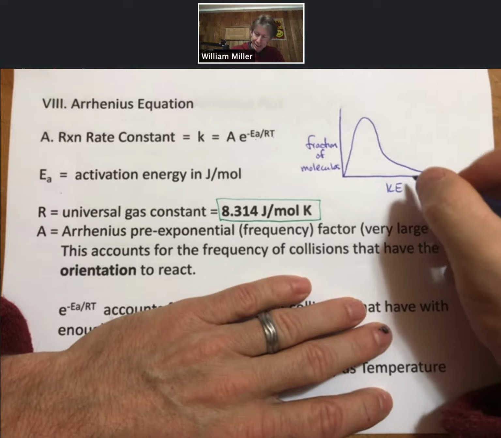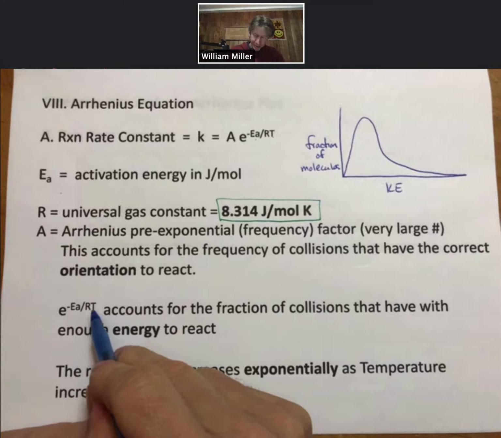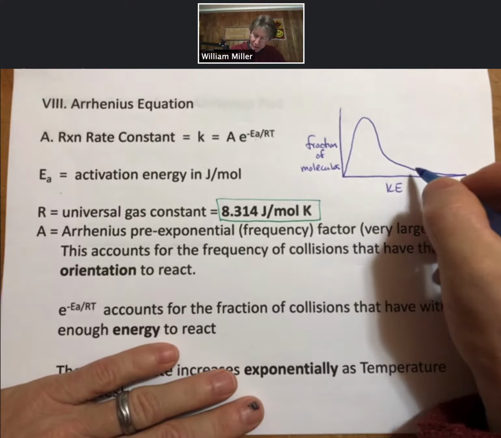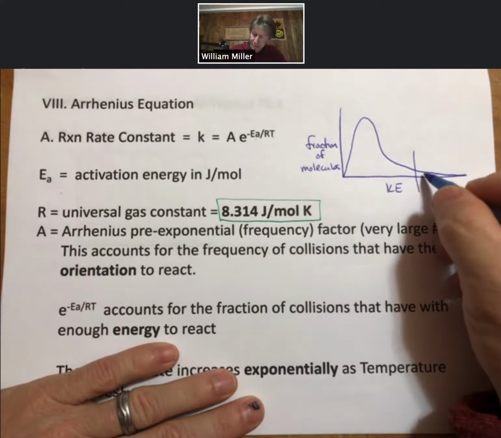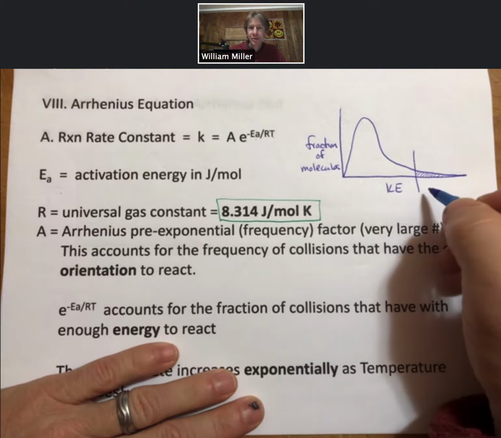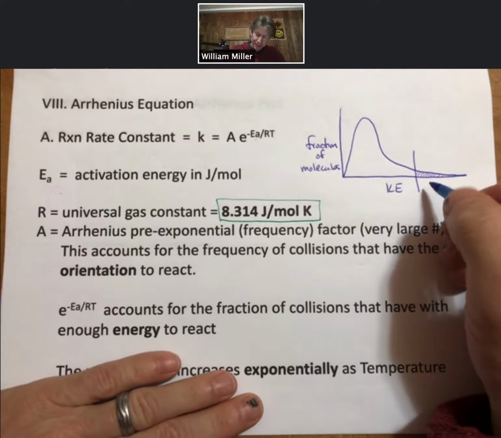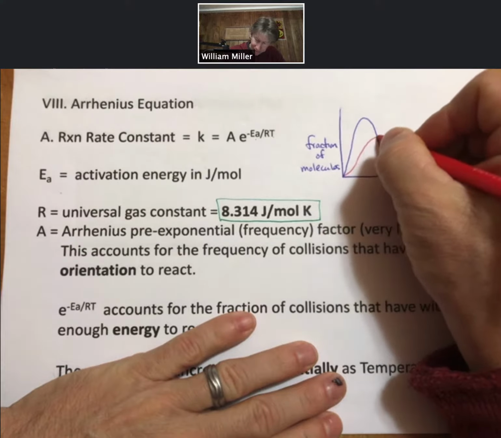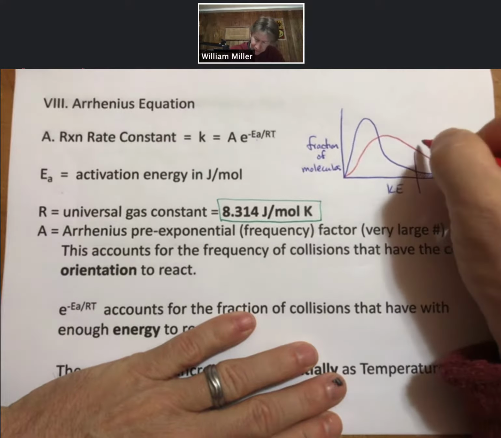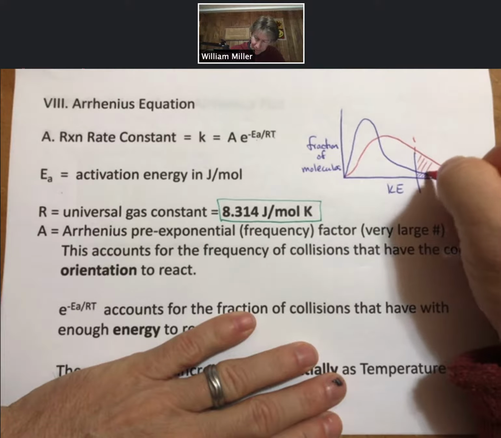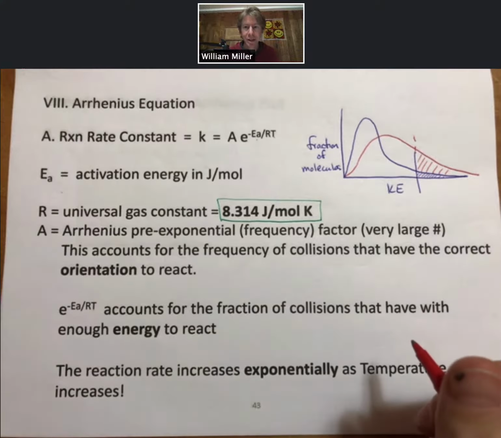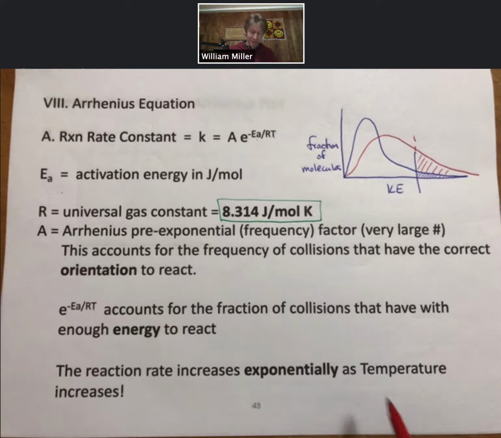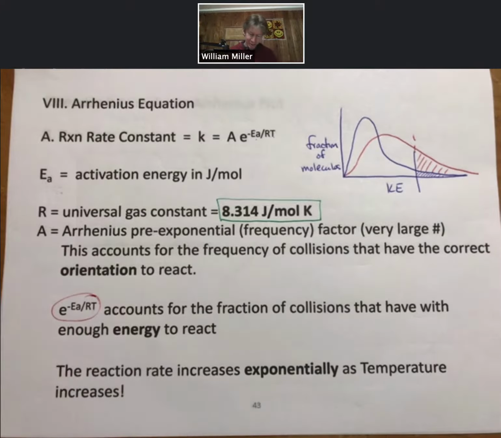And what we're saying is that at some point there's a set of collisions that have enough kinetic energy to react, and as temperature increases, that number of collisions increases exponentially, and that's what happens. That's what this term means, and that's what it says right here. So it's true.